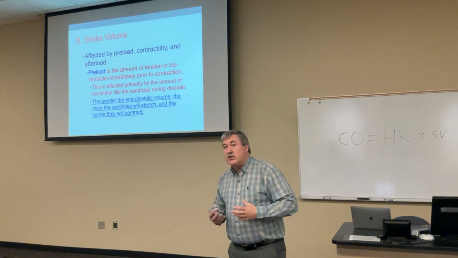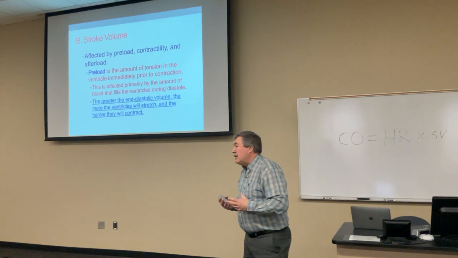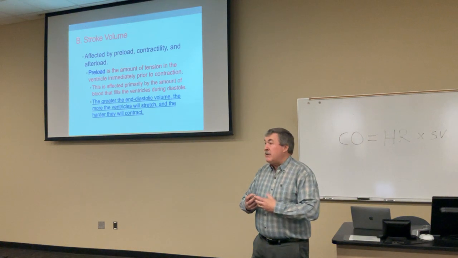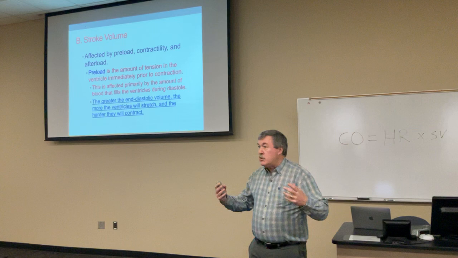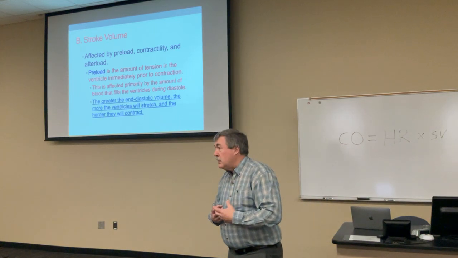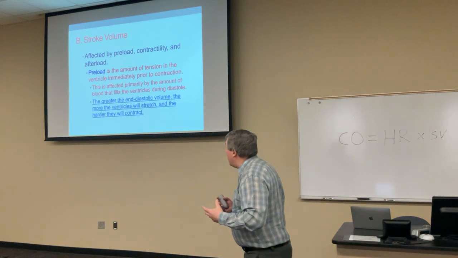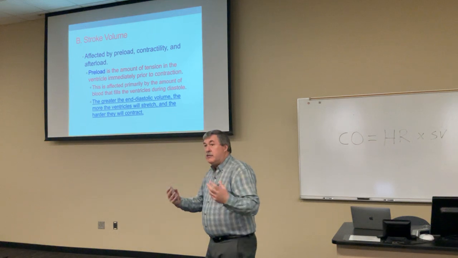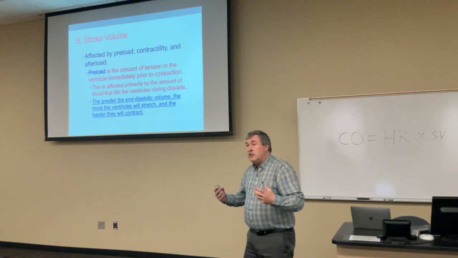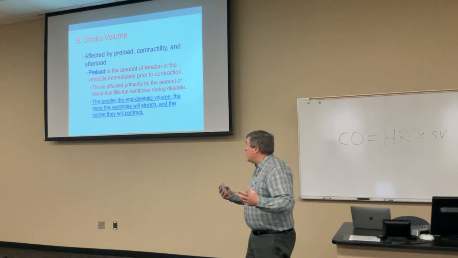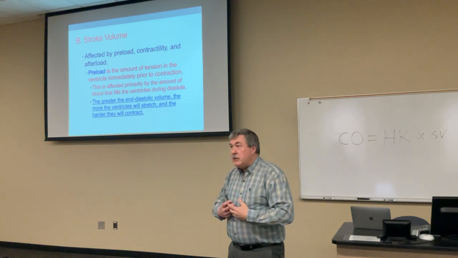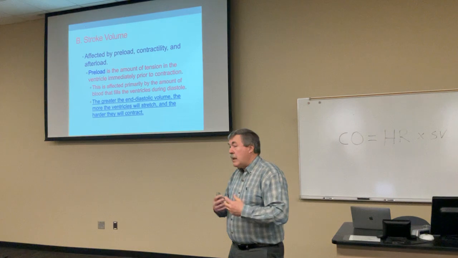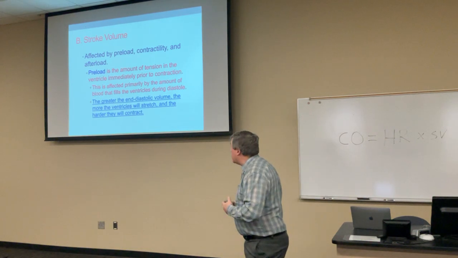Walls of the ventricle are sort of like the walls of a balloon. They have elastic fibers, and when it stretches, it recoils. So as a consequence, the more blood that fills the ventricles during diastole, the stronger the heart will contract, and the more blood that the heart will pump. And that amount of blood is what we call the stroke volume.